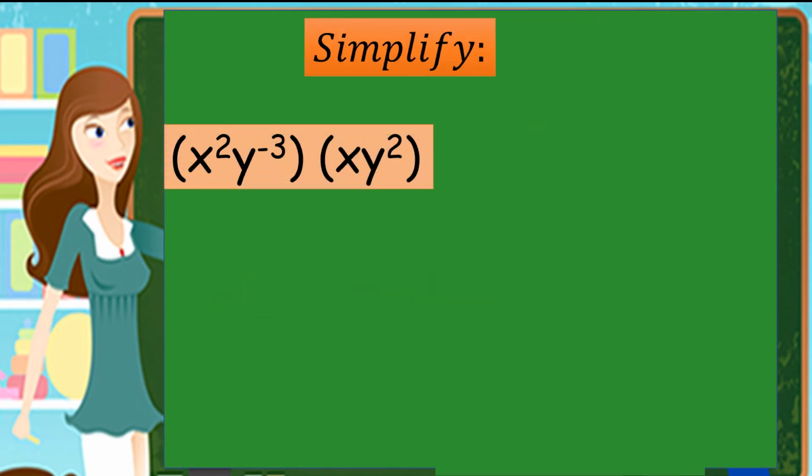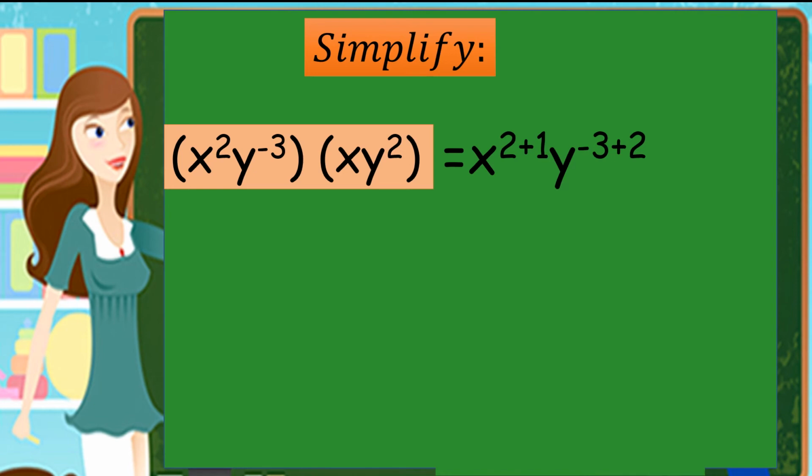So, magbigay tayo ng example kung paano natin mai-apply ang laws of exponent. So, given natin, we have x squared y to the negative 3 times xy squared. So, paano natin ito sasagutan? So, syempre, ang gagamitin natin ay ito. So, copy the common base.